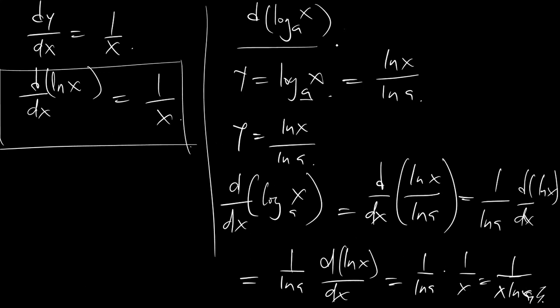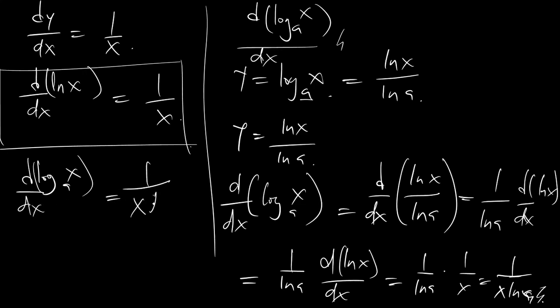If you have something like this and they want you to find the derivative of it, this is the answer. So the derivative of log x base a all over dx is equal to 1 all over x ln a. So this is the final answer.